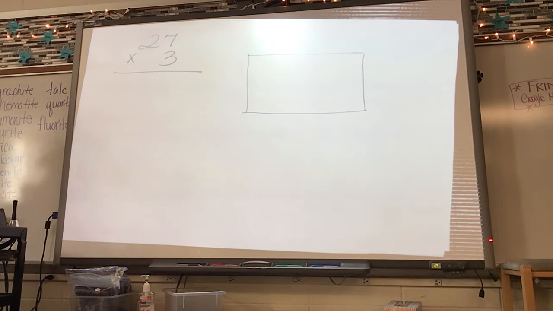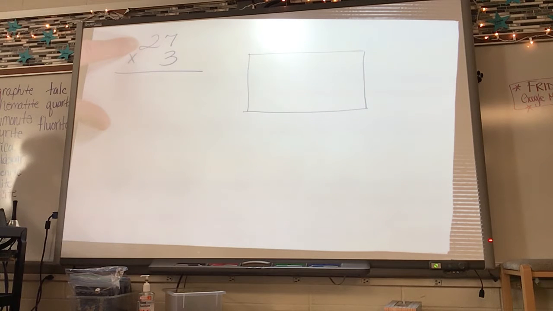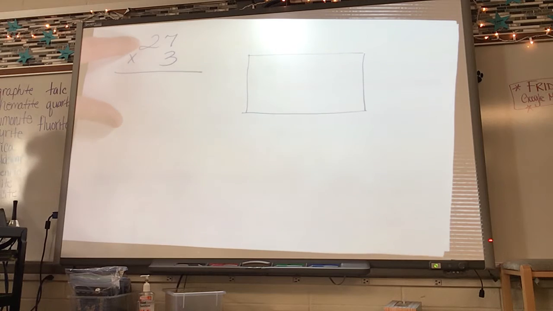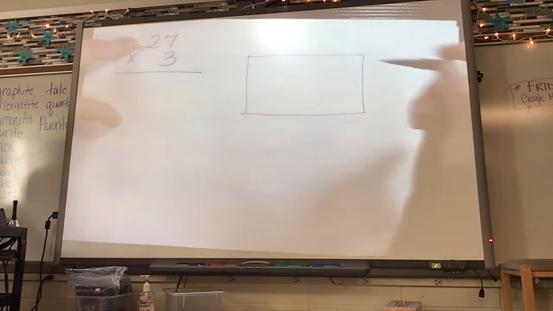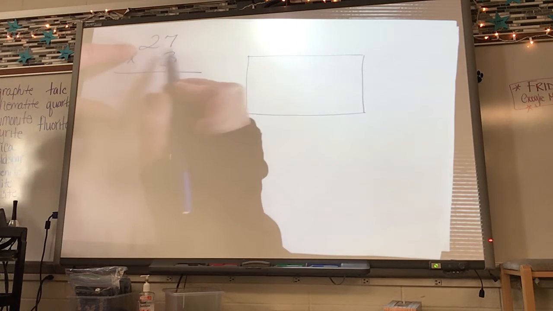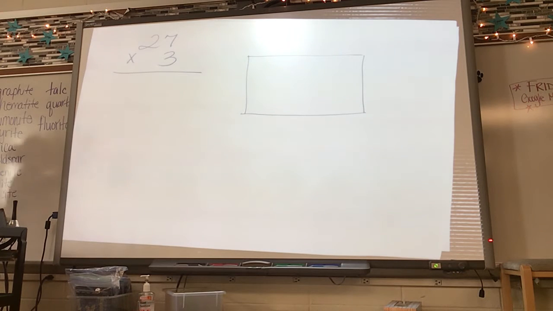Now what we're going to do with that rectangle is break up this top number 27 into 10s and 7s. So we make the 27 20 and the 7 by itself. So we have 2 10s, which is 20, and 7 1s.